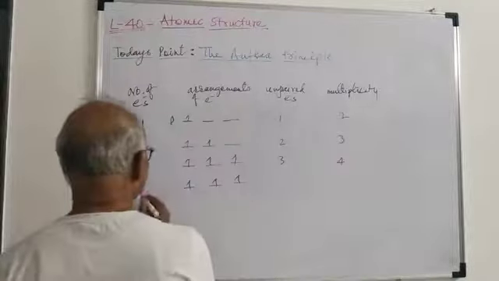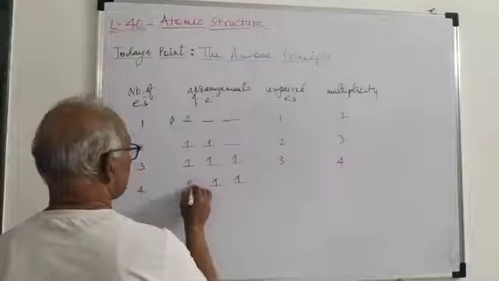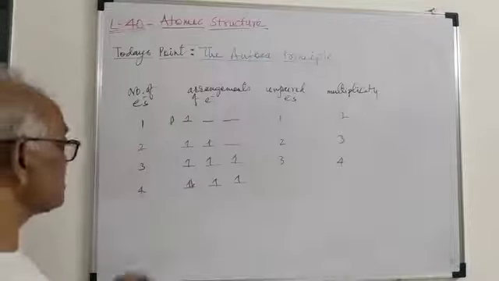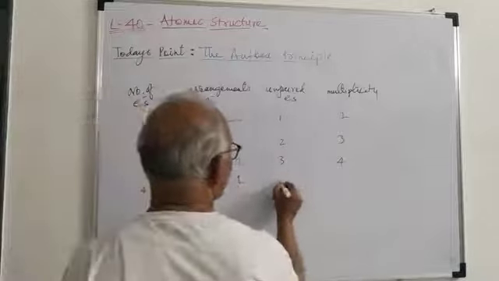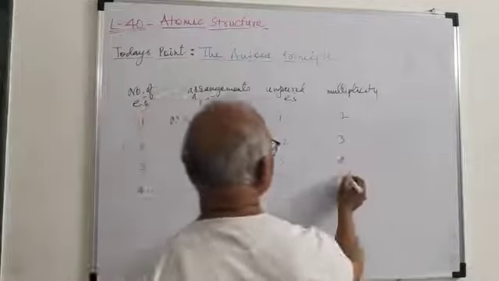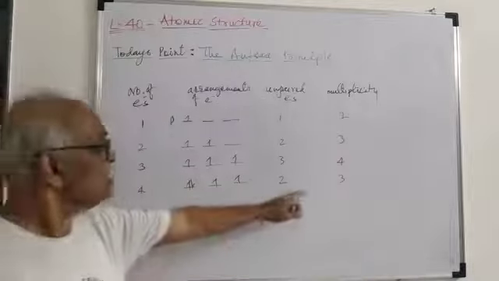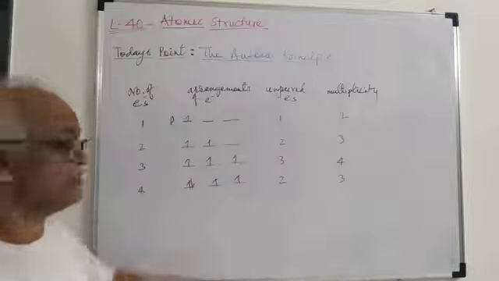So we can place that 4th electron here or here or here. For our convenience, we are showing it here. After this, how many unpaired electrons do we have? 2. And plus 1 gives multiplicity 3. So the multiplicity is reduced because the number of unpaired electrons is reduced.